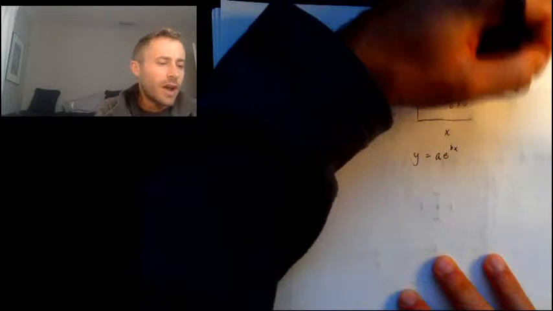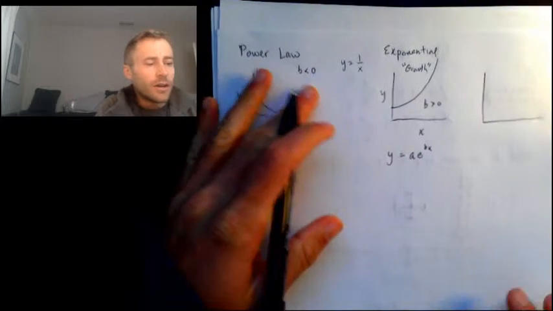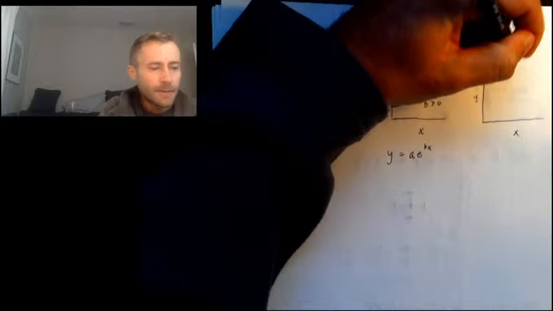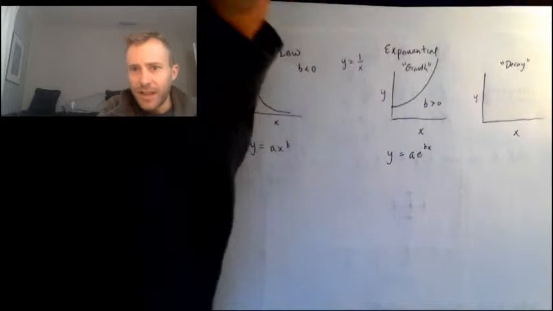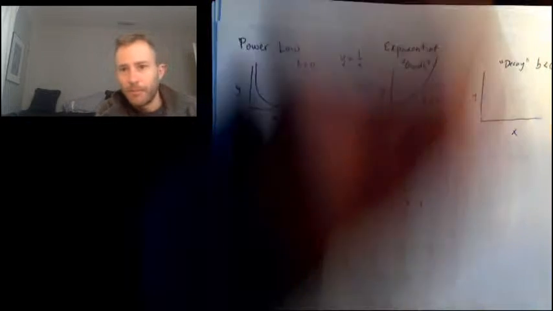But you could also have exponential decay. Exponential decay is when your b value is less than 0.